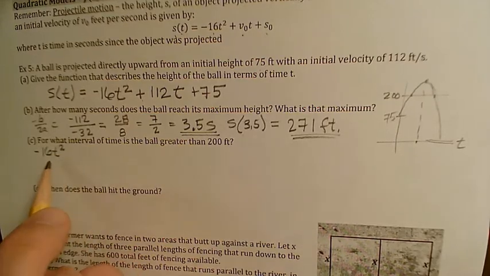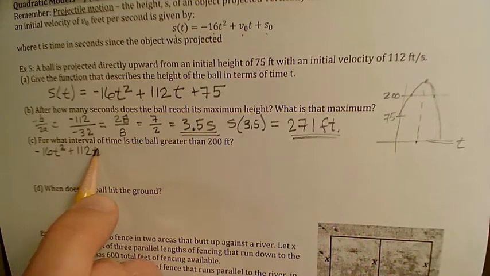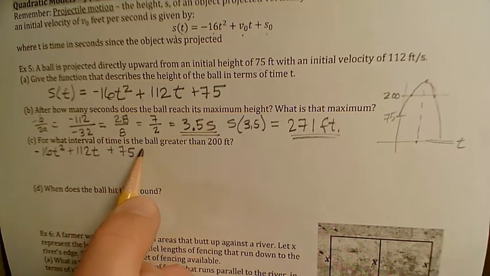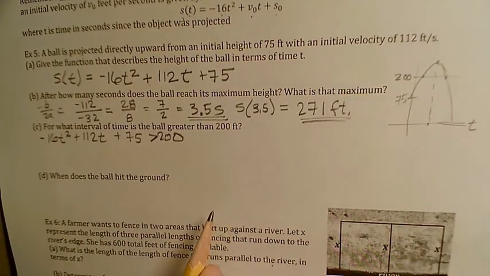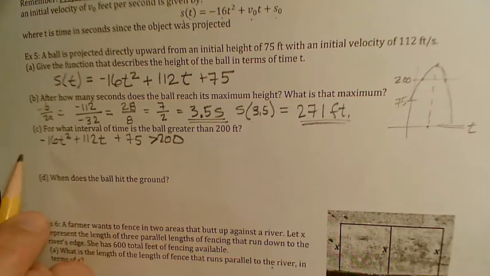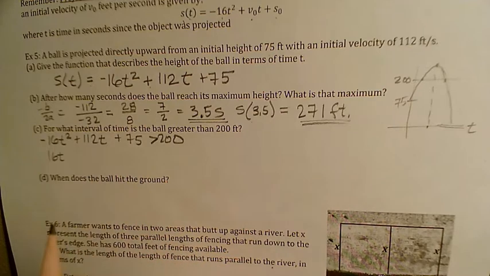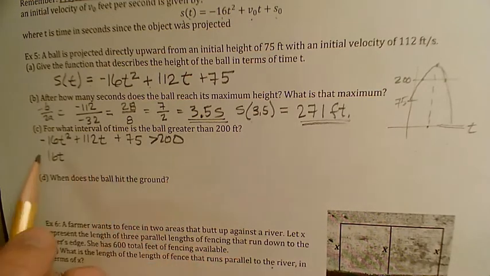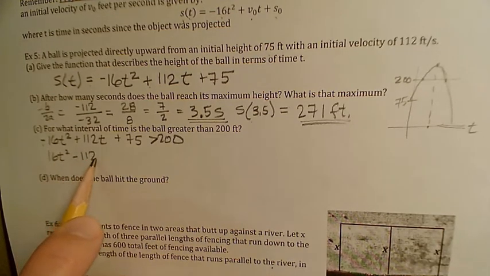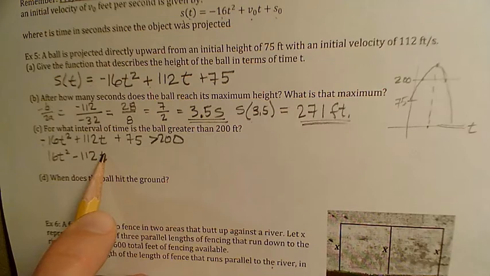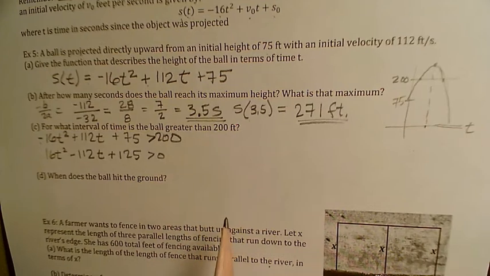So negative 16t squared plus 112t plus 75 is greater than 200. All right, then we could bring that 200 over. I'm also going to multiply through by a negative so that we don't have to deal with a negative leading coefficient. So we have 16t squared minus 112t, and this will be plus 125 then, is less than 0.